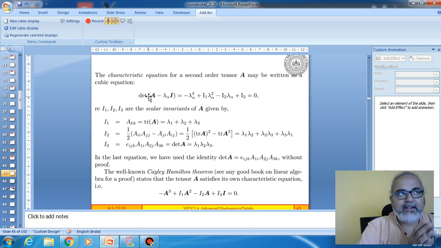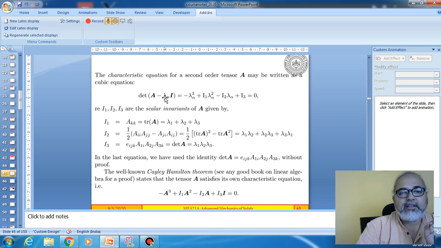So the eigenvectors and eigenvalues that you get for a particular second order tensor, let's say A, are invariants in the sense that no matter which coordinate system you represent A in, you will always get the same set of eigenvalues and eigenvectors.